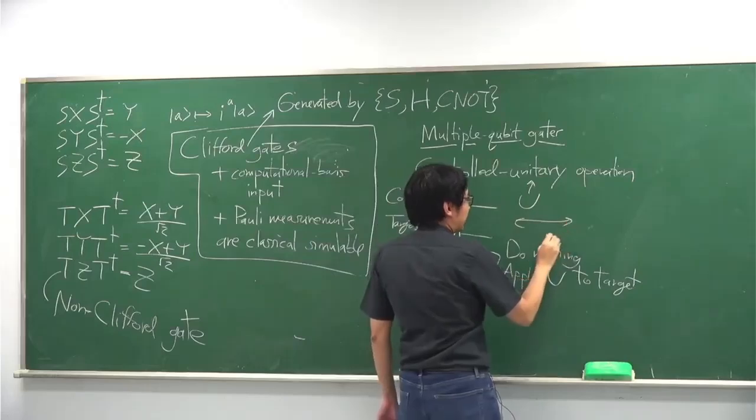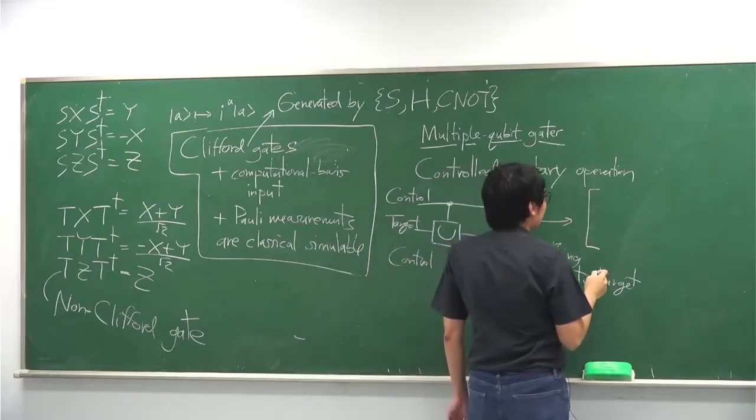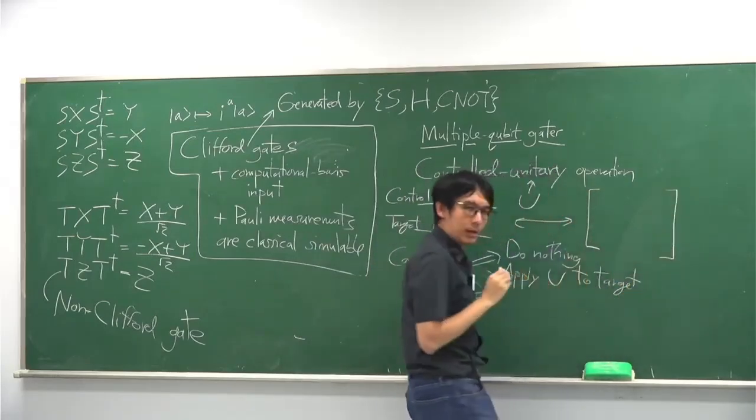And so the matrix form of this is a 4x4 matrix.